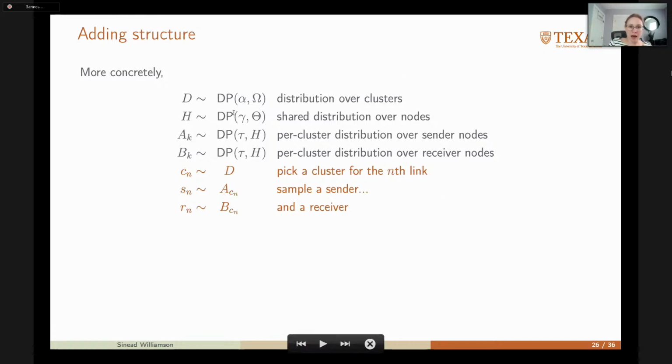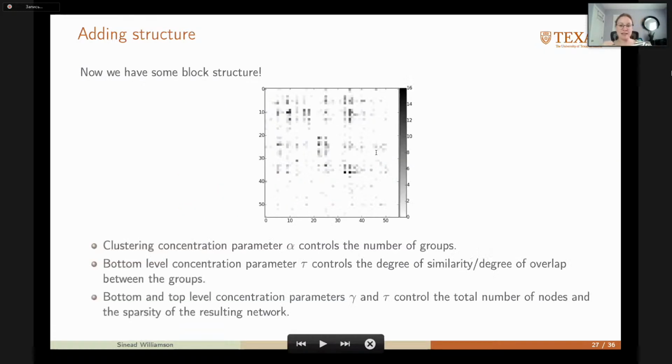We have gamma, which is the parameter of that shared distribution over nodes. The larger that is, the more nodes we expect to see. And then we have these parameters tau, that are the specific cluster distributions. Those will partially control the number of nodes, but they're also going to control how much similarity there is between the groups.